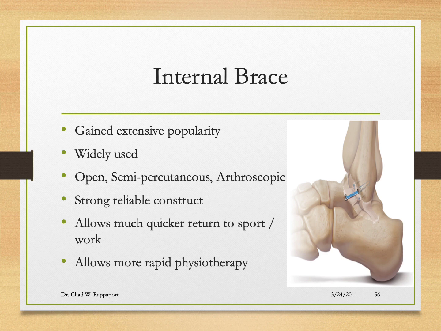Essentially, a vest or a seat belt is placed over the primary repair. This has been described as an open procedure, a semi-percutaneous procedure, and additionally an arthroscopic procedure. It has a strong, reliable construct which allows a much quicker return to sport or work. It also allows more rapid physiotherapy.